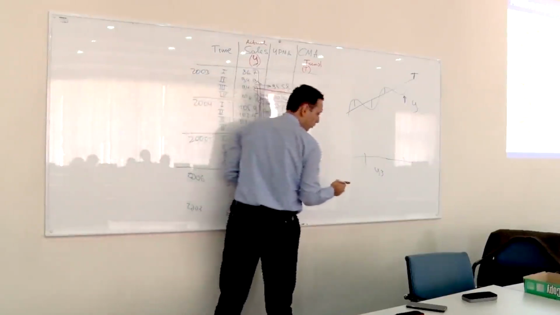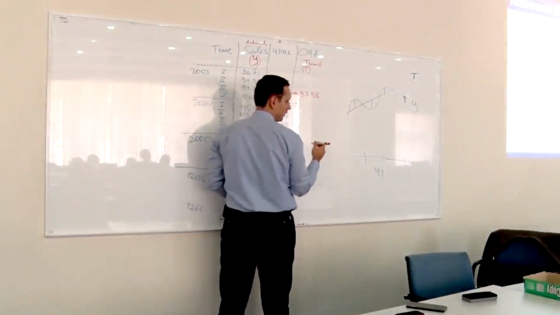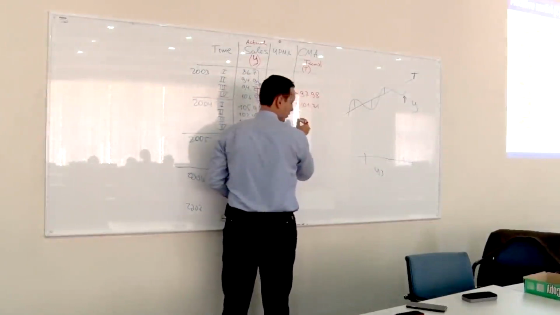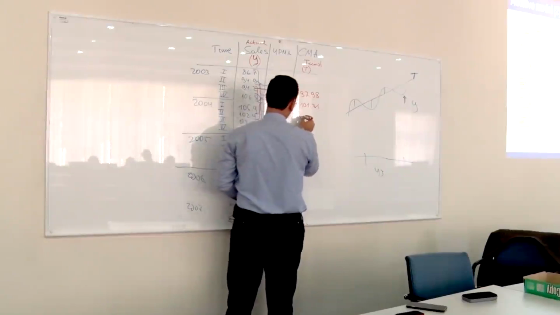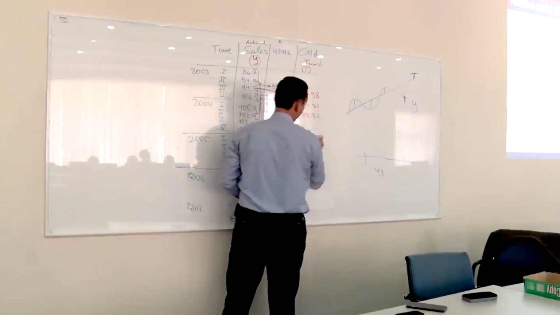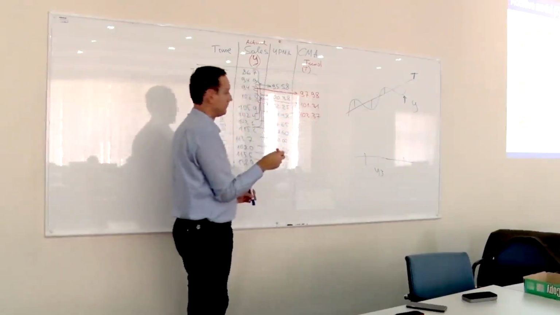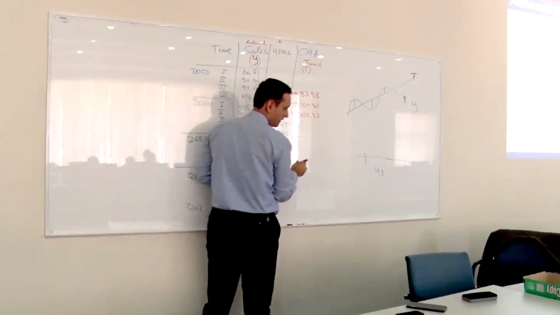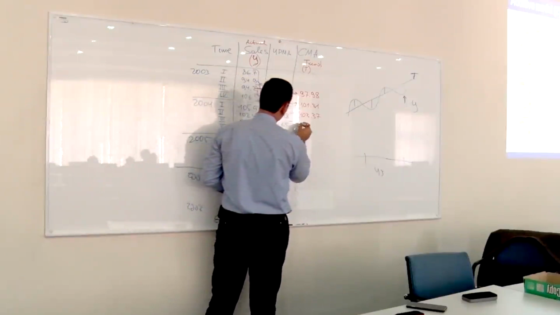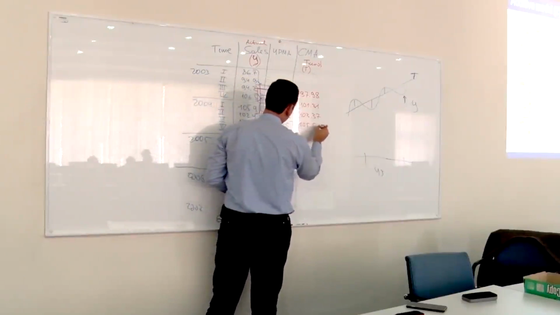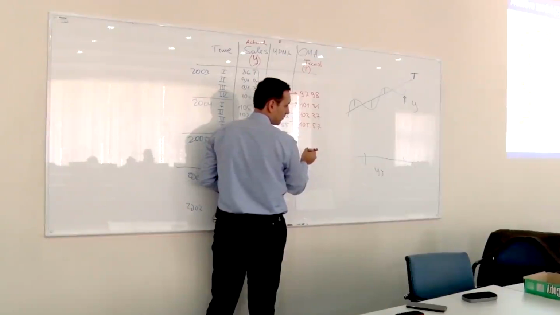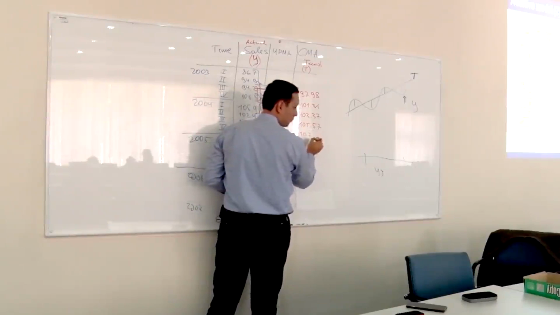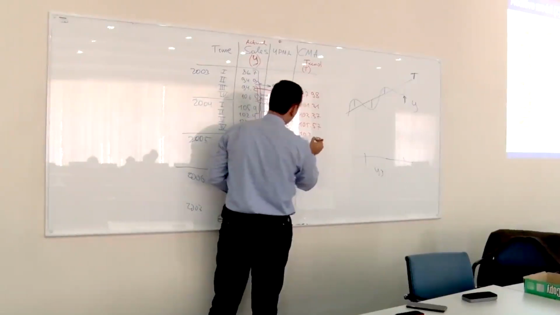And I will just copy the numbers that were calculated earlier. That is 101.31. The next one is 103.37, and 105.57, 107.63, 107.57.